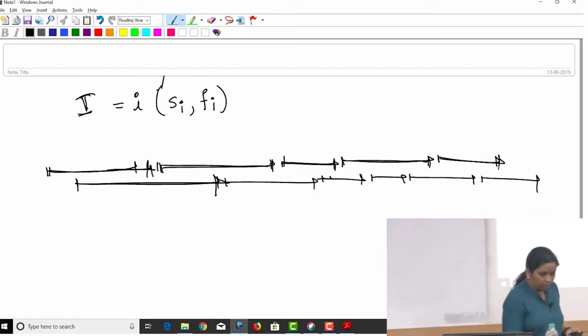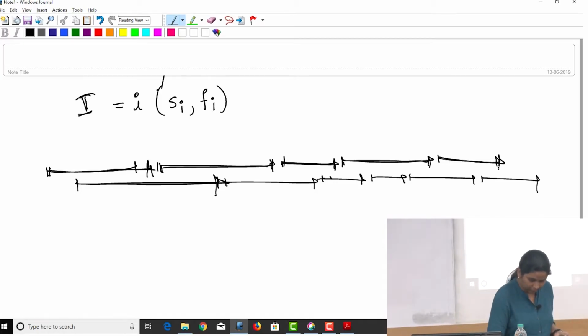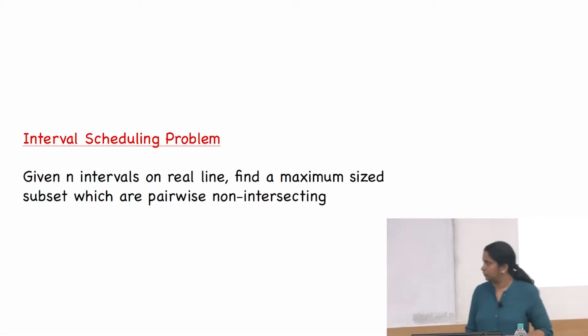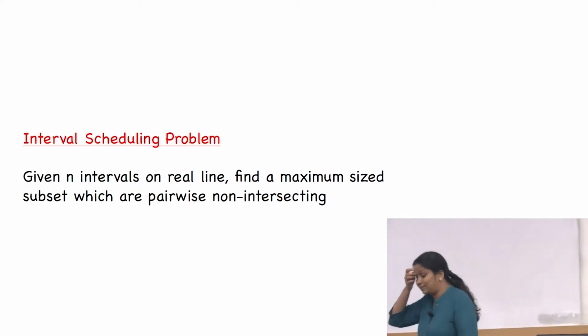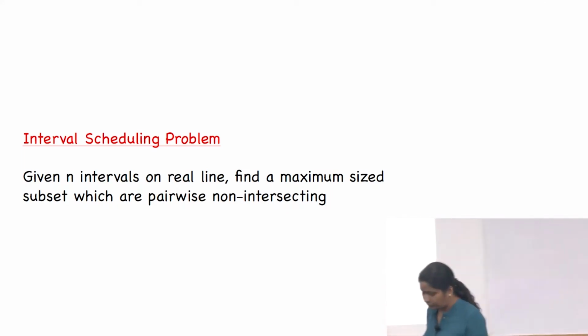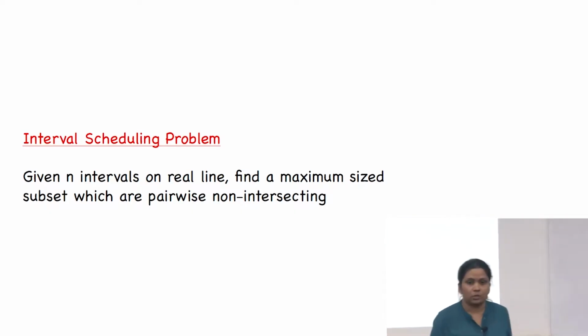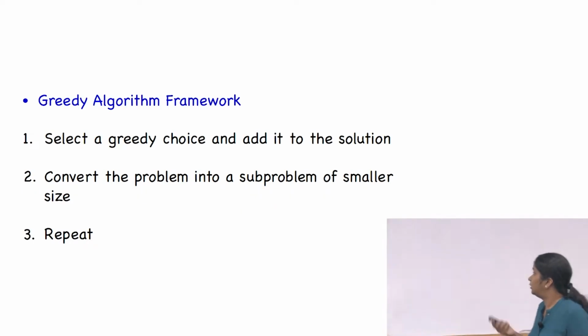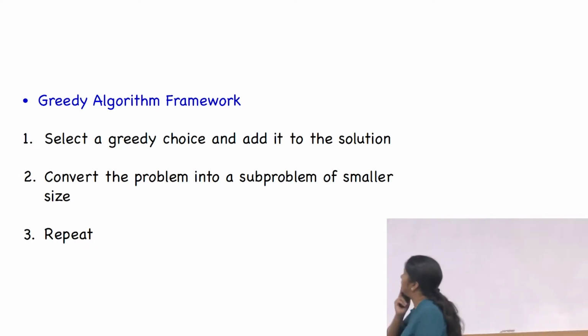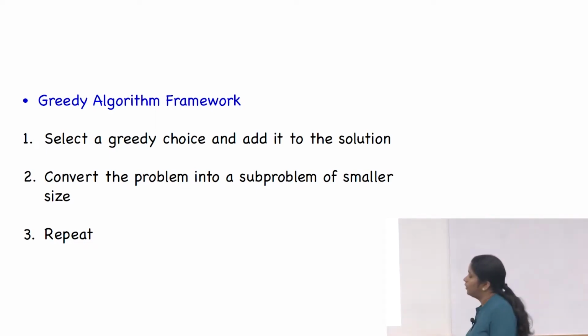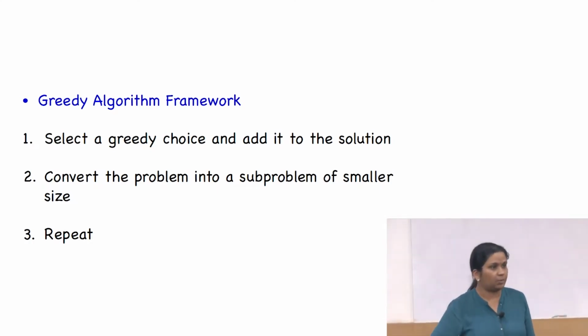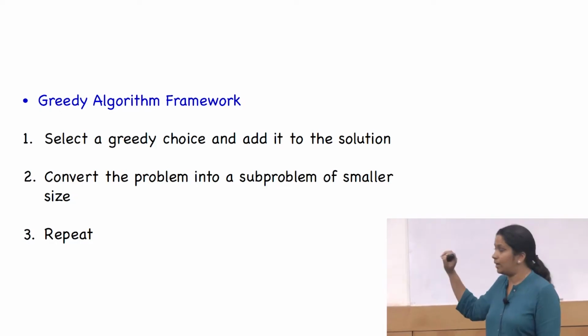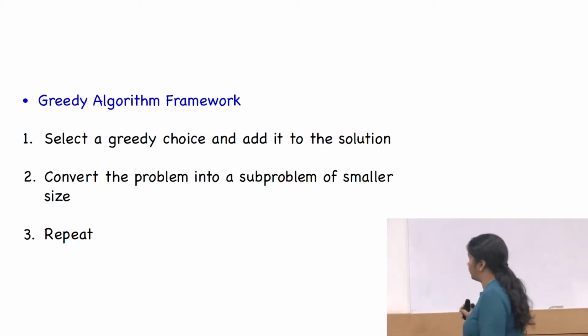And we are going to use greedy algorithms. In general, greedy algorithms work like this: you select a greedy choice. We don't know how to select that, but you somehow decide on it, select a greedy choice and add it to the solution.